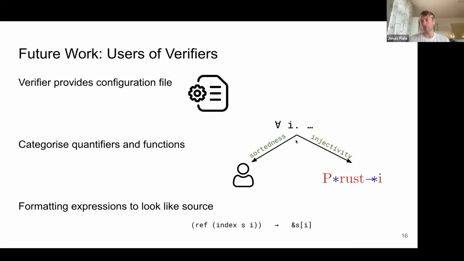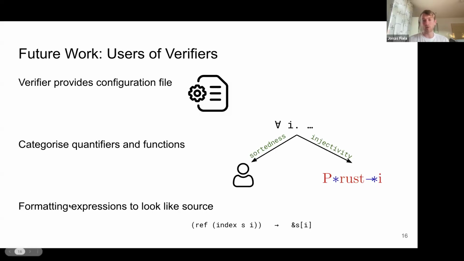And hopefully once they're fixed and the verifier is being used in the wild, then the user can't change them. They don't really understand what these quantifiers are that the verifier is adding. And so we might want to filter those out within the tool and only show the ones that are relevant to the user. So by categorizing them, we would be able to have this functionality.